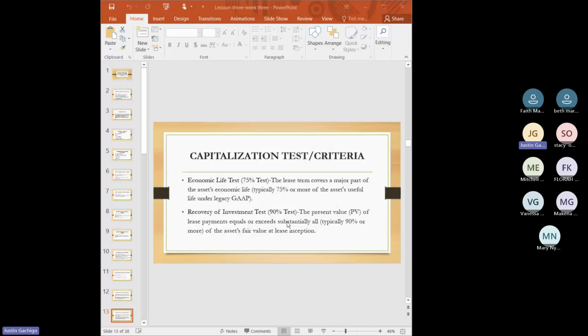Let's say the fair value of a motor vehicle today is around 1 million. If you have leased a motor vehicle for 10 years, and you find that the present value of those payments is almost 1 million, or 90%, then again, that particular asset you should capitalize.